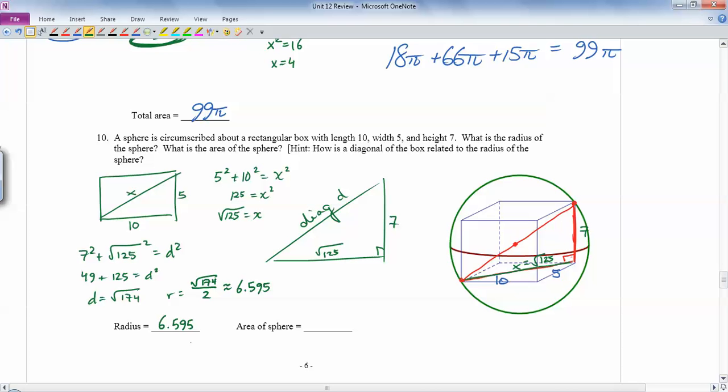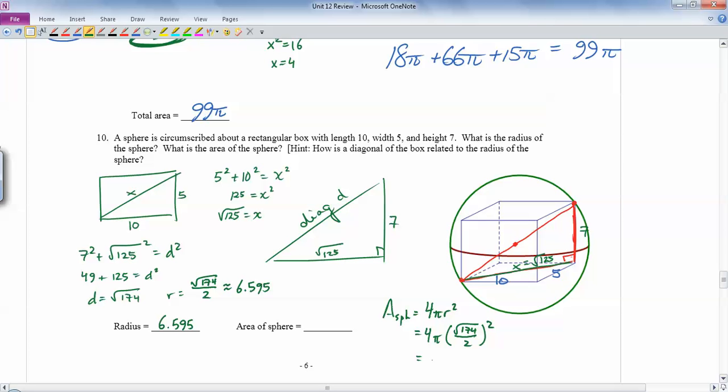Okay. The area of the sphere is given by 4 pi r squared. So it's going to be 4 pi root 174 over 2 squared.